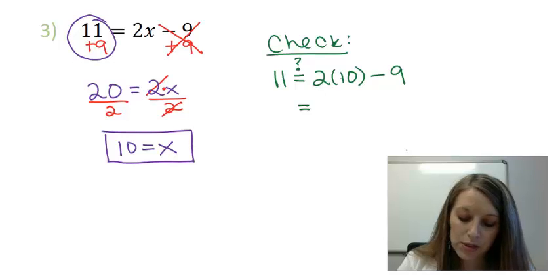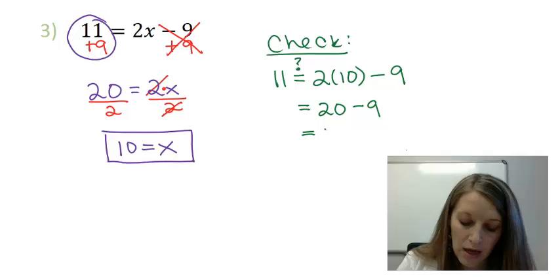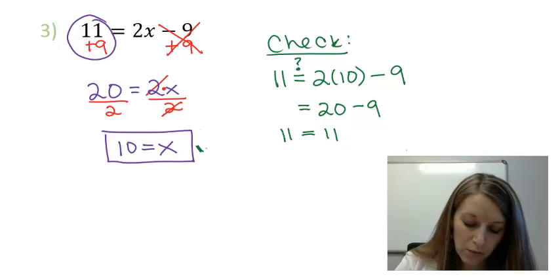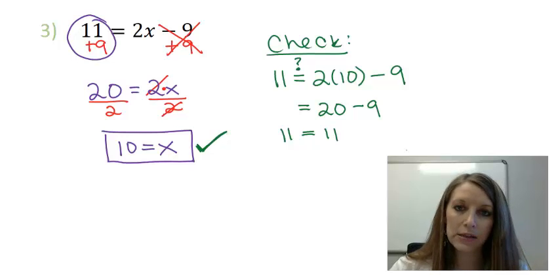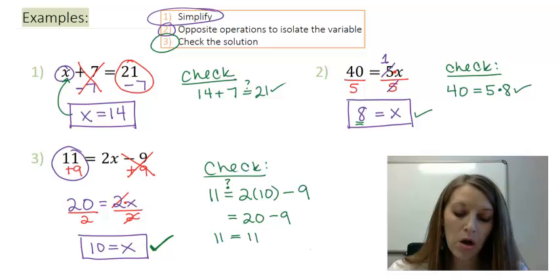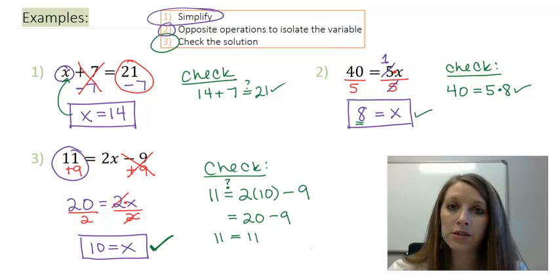On the right, 2 times 10 gives me 20, and 20 minus 9 gives me 11. So I do have 11 is equivalent to 11, which means I do have my right answer here. So example 3 was a little bit more complicated than examples 1 and 2 because we had more steps involved, but this is definitely not bad compared to some of these examples that we have yet to see.